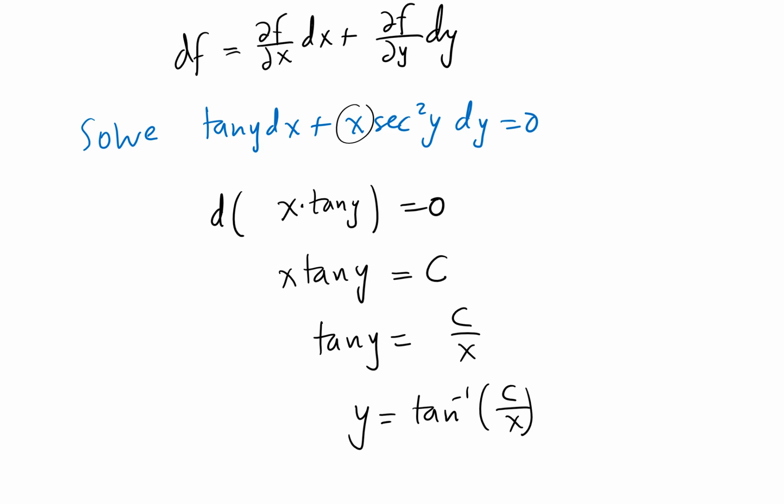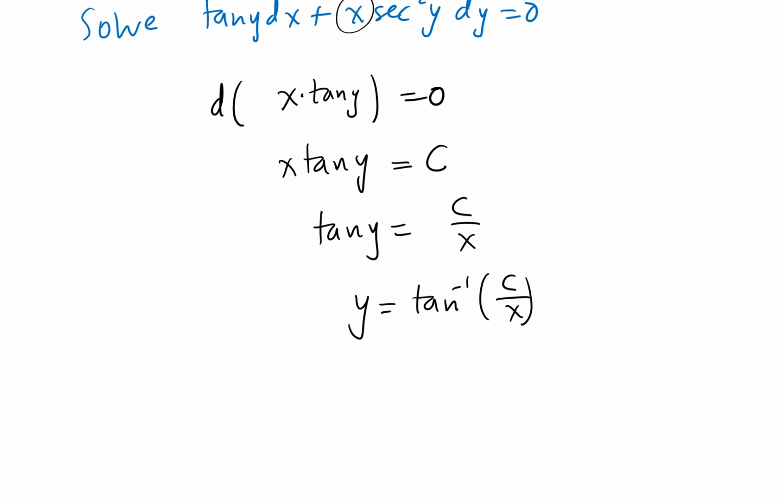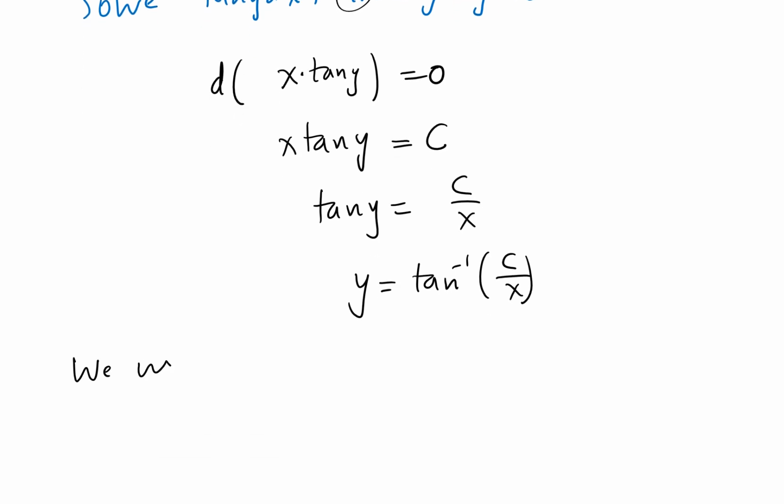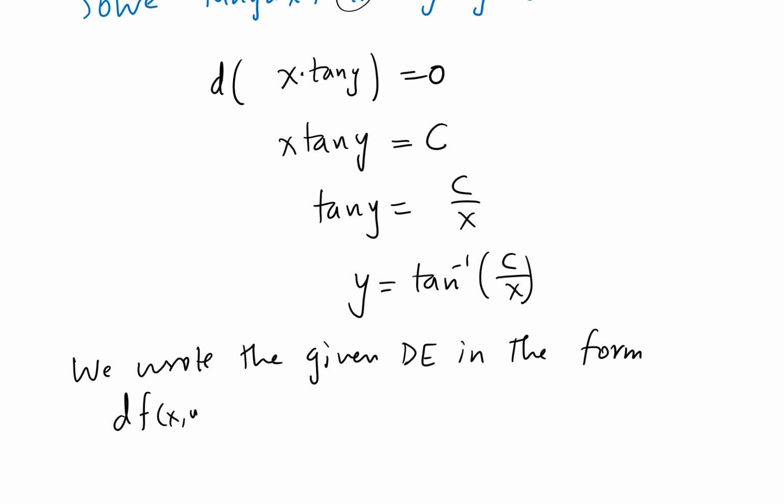So now we wrote the given differential equation in the form d of f(x,y) equals 0. That's what we just did.